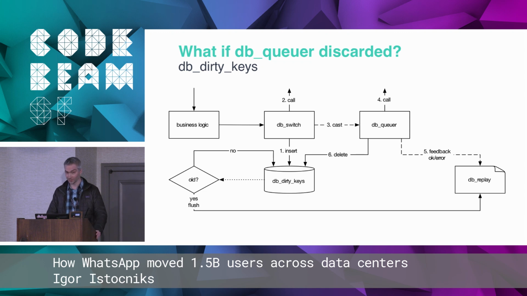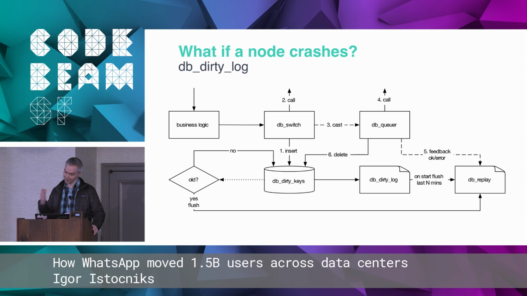All right, but what if a node crashes? This is an in-memory state. Do we need to replicate the state also? Well, maybe not. If the node crashes, we're fine with that. But we should be able to somehow fix the lost keys that were in flight when the node crashed without losing the disk.